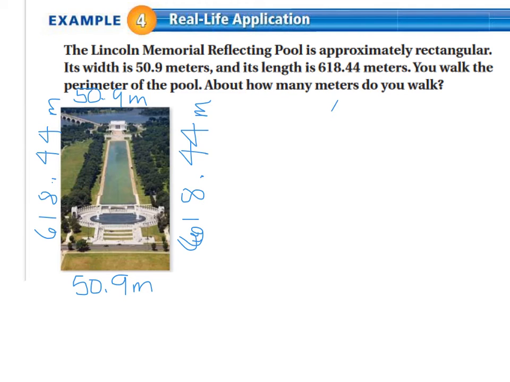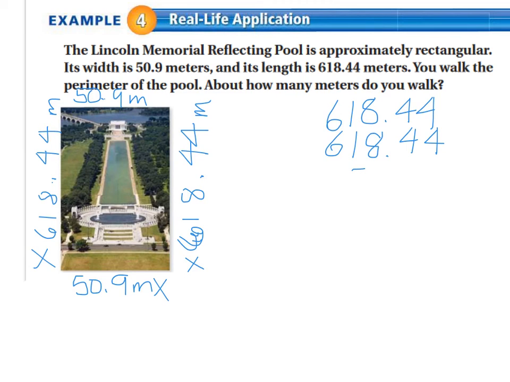I'll start with my 618.44. That would be this number here. And I have another one of those over there. I'm just putting a little X by them so I keep track of what numbers I've recorded. And then my 50.9 from here. Remember, I need to line up my decimals so they're straight. 50.9.